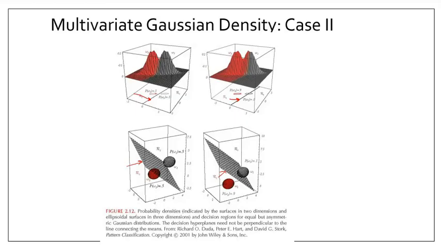And if you see closely, the centroids of these two, if you join them with a line, then this may not be 90 degrees in this case. Earlier, if I joined two mu's, then the boundary was exactly 90 degrees. Now, in this case, this may not be 90 degrees.